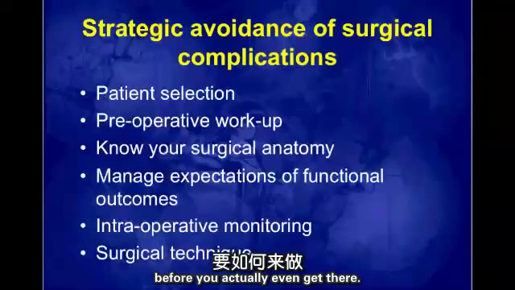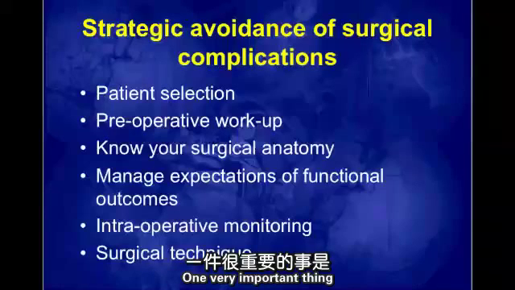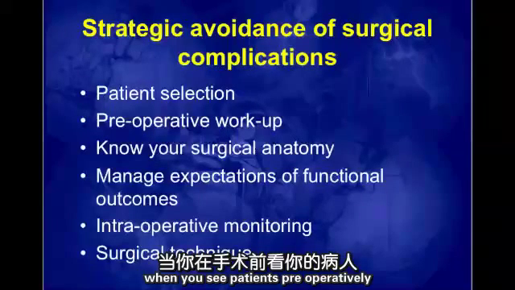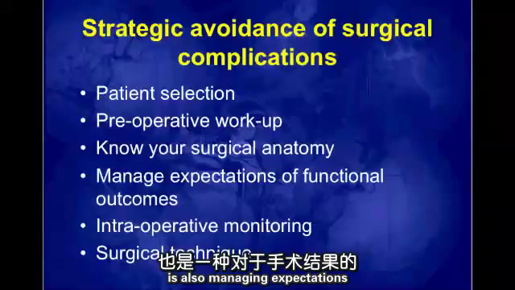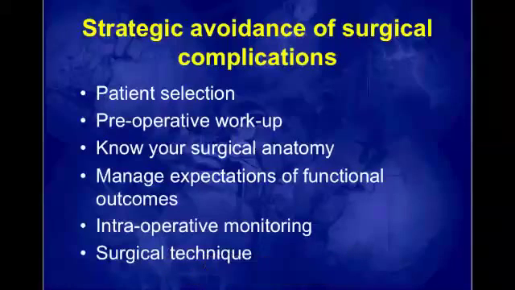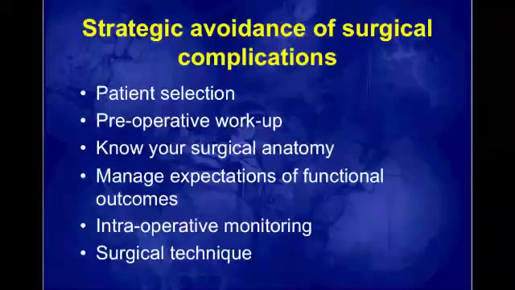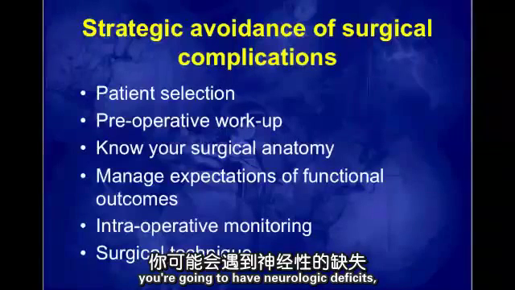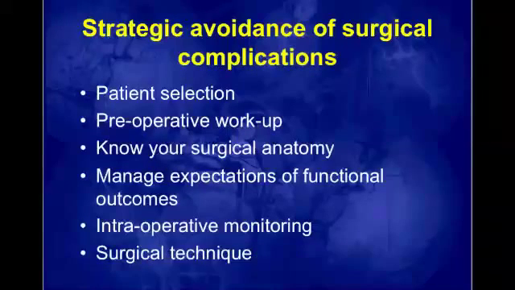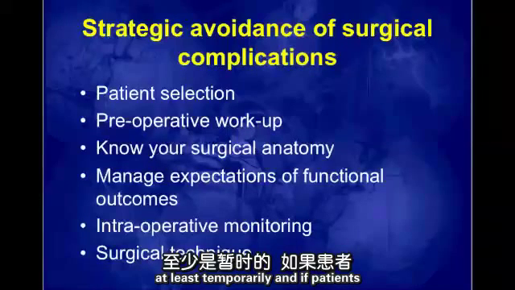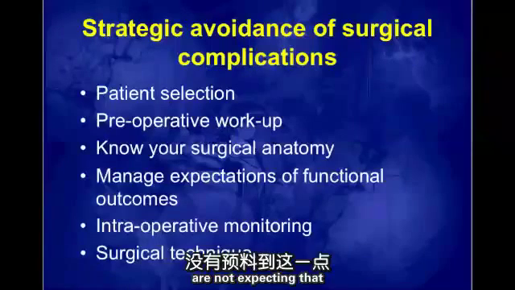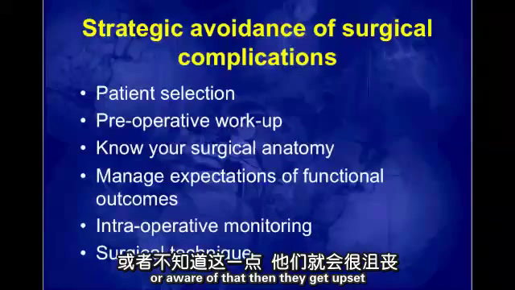One very important thing when you see patients preoperatively is also managing expectations for functional outcomes. Because a lot of times, especially when you're operating in eloquent areas, you're going to have neurologic deficits, at least temporarily. And if patients are not expecting that or aware of that, then they get upset.